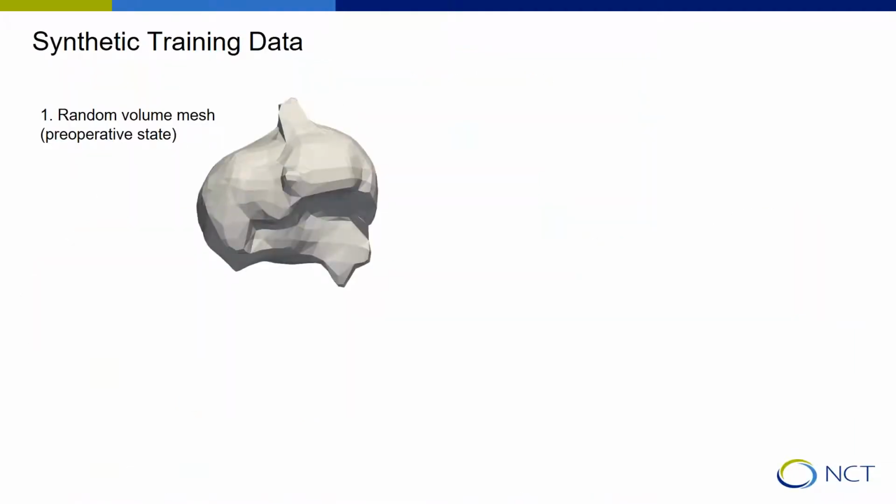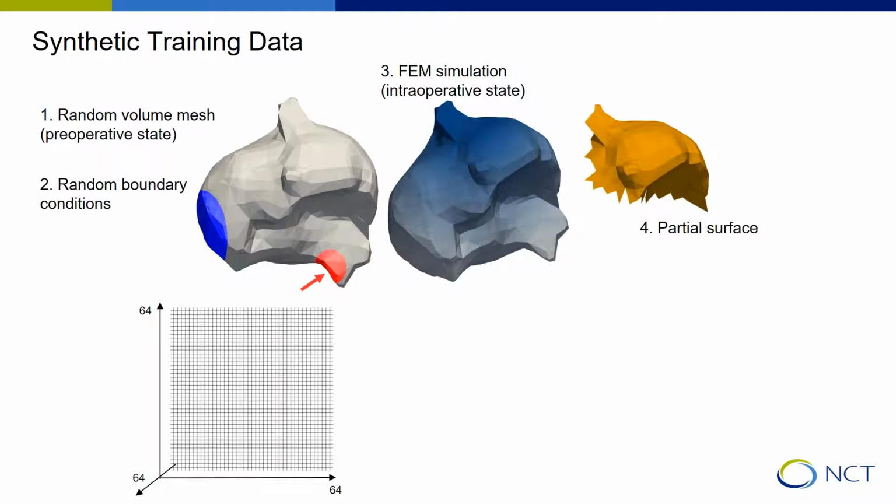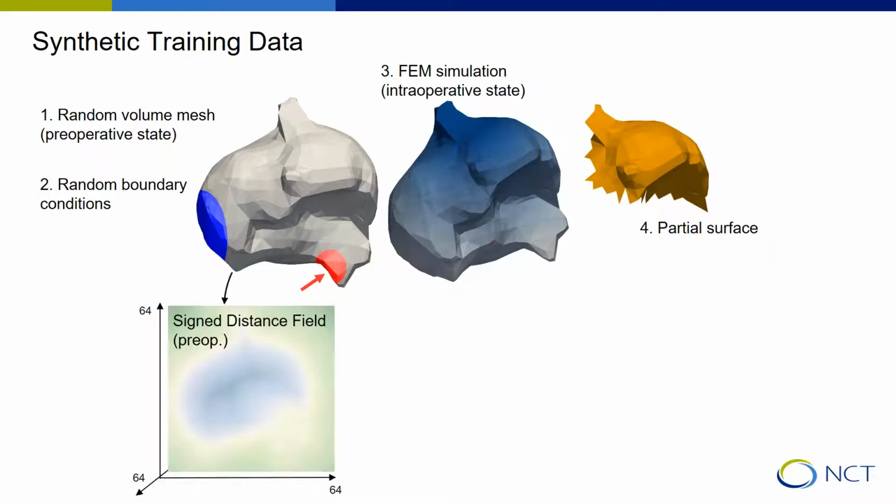So we generated random meshes and simulated random deformations, also random boundary conditions, using the FEM simulation. And then we extracted a partial surface of the deformed mesh, which acts as an intraoperative partial organ surface. What we reconstruct from the surface we see from the laparoscope. So to pass this data to our network, we encode the geometry as distance fields.